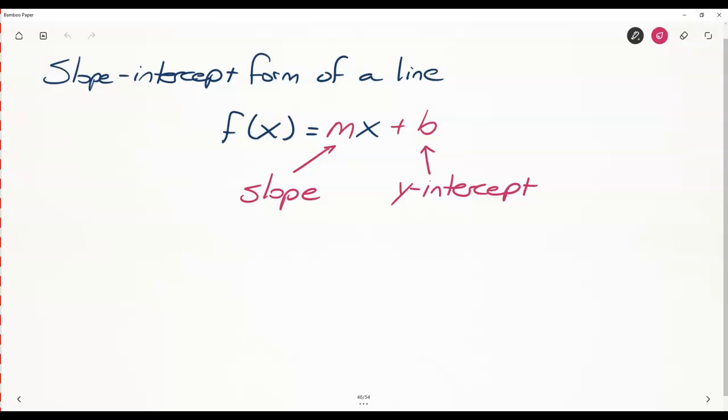So anytime you see a linear equation that has m present in it, m is reserved for the slope. b is going to be not the x-intercept, but the y-intercept. So this is what we refer to as slope-intercept form of a line, because if it's written this way, we can just read what the slope and the y-intercept are, and it doesn't require us to use the slope formula.